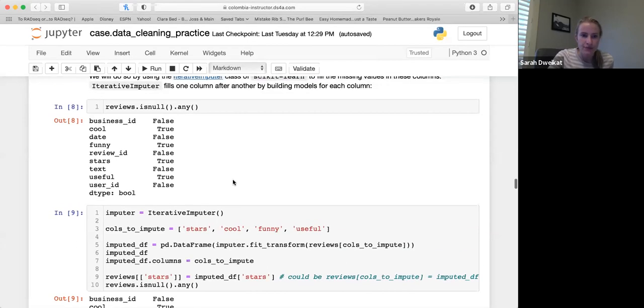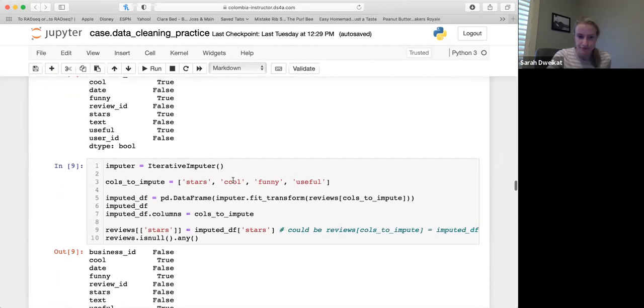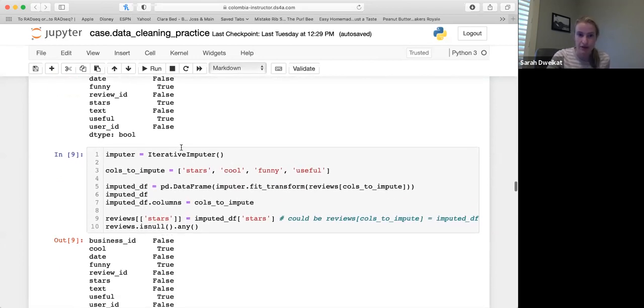Now, the way that we do this is we use this iterative imputer, and the way that function works is it's just going to estimate each feature based off of the others. So that's what I said. It'll put in stars based off of these other 3 columns.